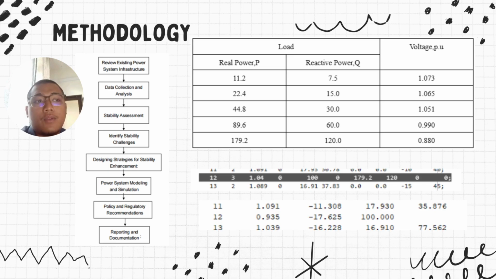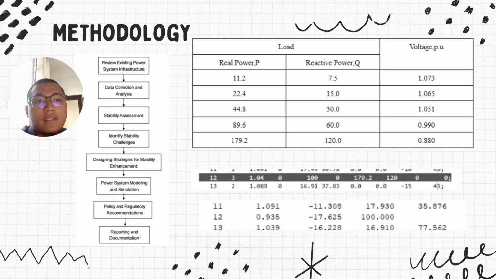We kept increasing the load at bus 12 by 100% increments until the system failed. Bus 12 had a load of 179.2 megawatt and 120 MVAR at the time of collapse, and the voltage had fallen to 0.880 per unit.